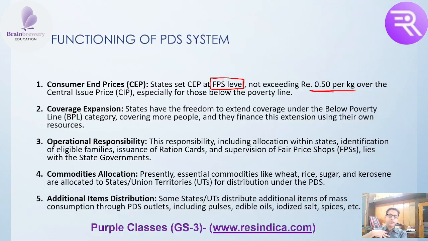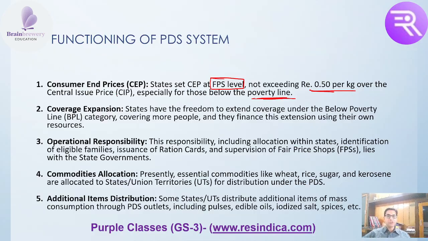If I am going to the fair price shop, what I have to pay from my pocket should not exceed 0.50 per kg over the central issue price. If it has to be increased, it should not go beyond 0.50, especially for those people who are below the poverty line, and for those above the poverty line there is no such restriction.